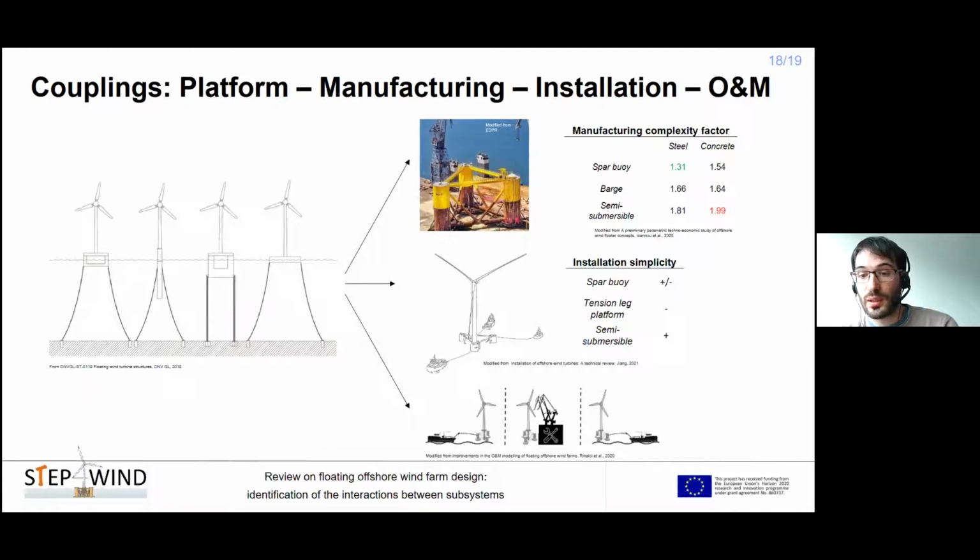On the contrary, when it comes to installation, the situation reverses, with semi-submersibles having a much easier deployability, while Powerbuoys are limited by the deep draft. And tension-leg platforms suffer due to an inherent lack of stability when mooring lines are not connected, even though the most recent TLP designs have adopted some smart solutions to overcome these issues.